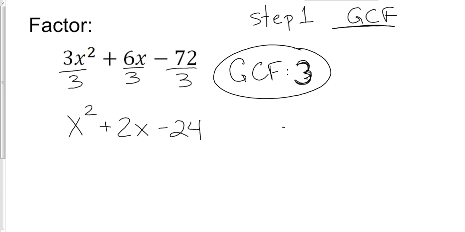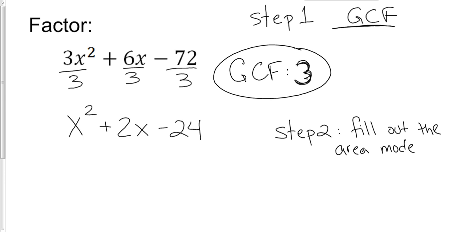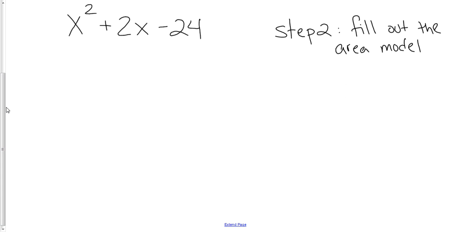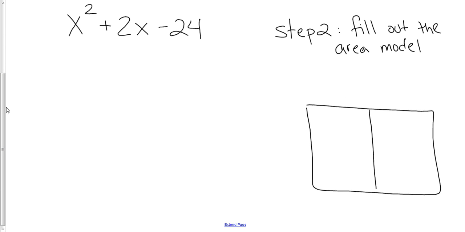Okay, step 2 is to fill out the area model. So you remember we do that. Start with the x squared term. In this case was just x squared. And then we put the negative 24 down here.